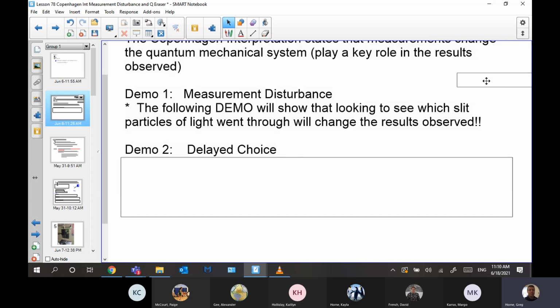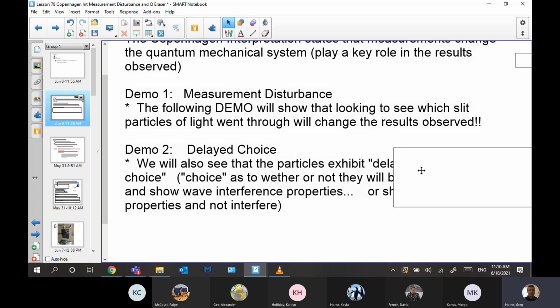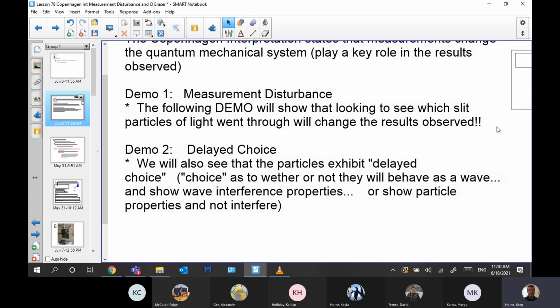Demo number 2 is even weirder. It's the delayed choice experiment, where we can send photons through 2 slits and make it so that we have the option later on of determining which slit they went through.